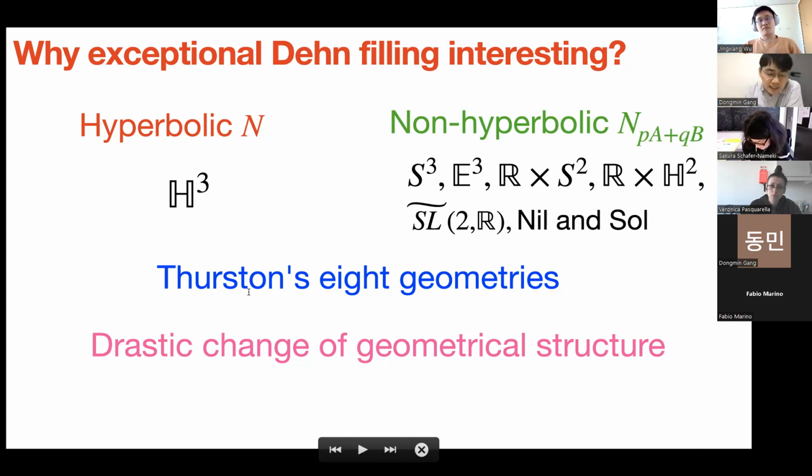So exceptional Dehn filling describes a drastic change of the geometric structure of the three-manifold. So it is more interesting than the non-exceptional Dehn filling, which just maps one hyperbolic geometry to another hyperbolic geometry.